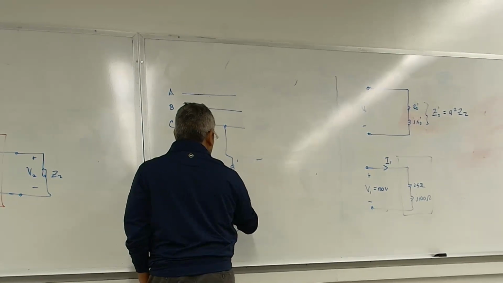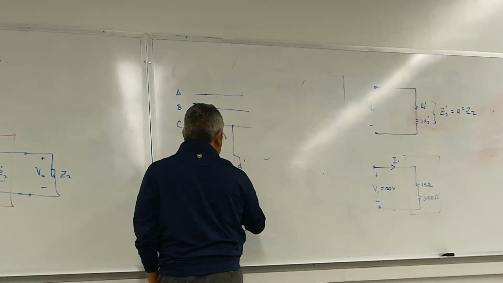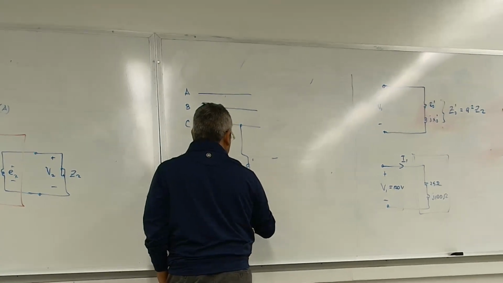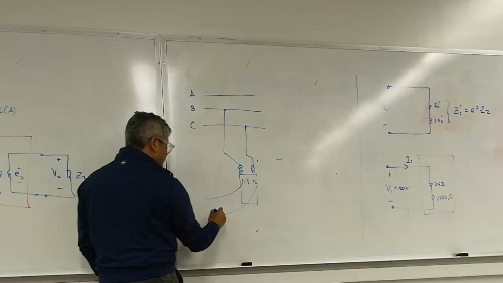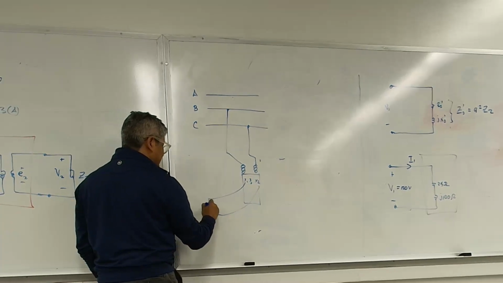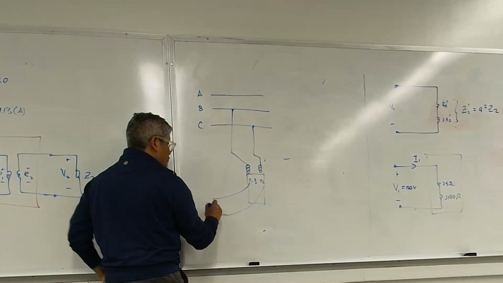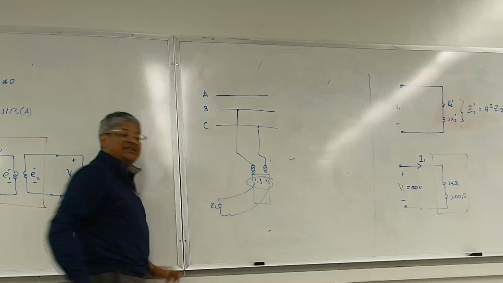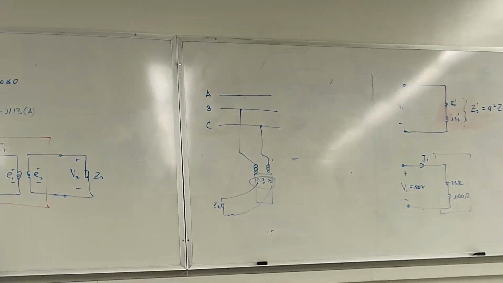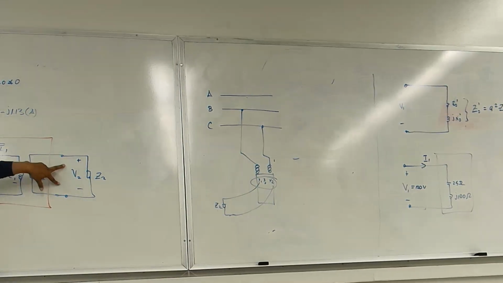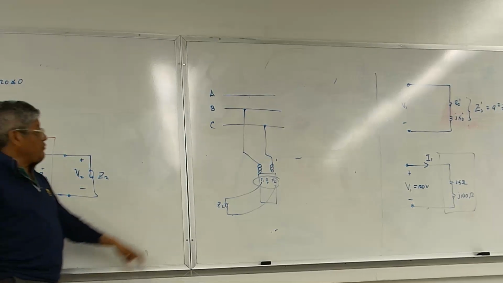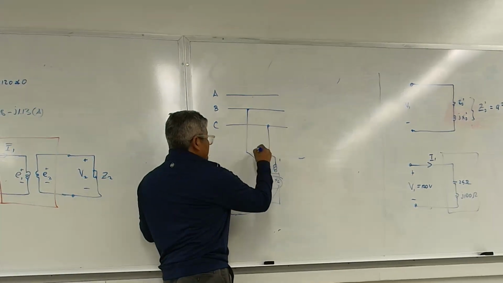And then I'm going to call this X0, X1, and X2. And then I have a load connected to this transformer right here, Z2. This right here is the secondary of the transformer. You can think of that as V2. Do I make sense? Yeah.